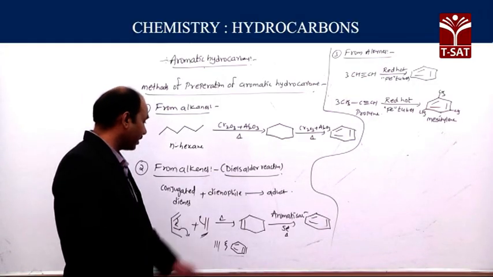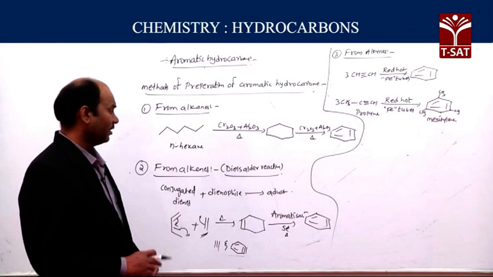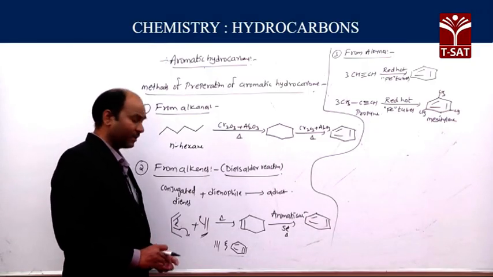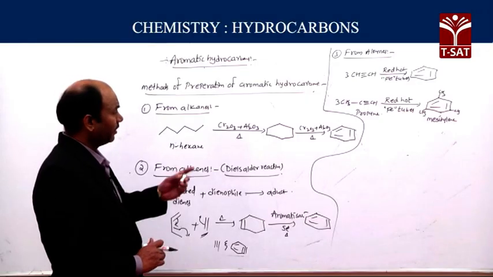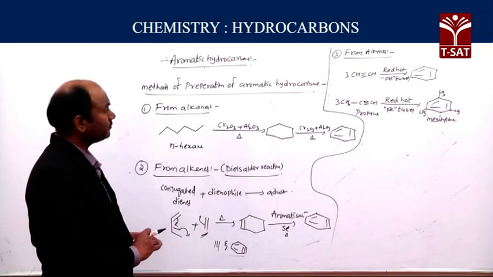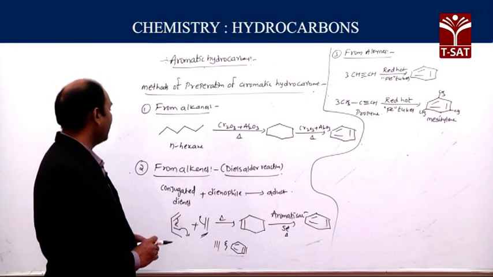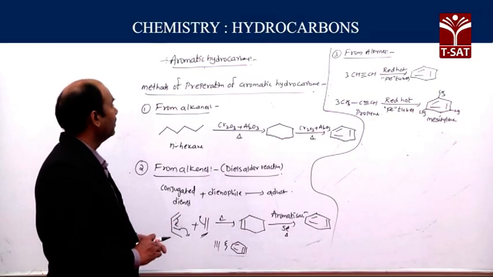Actually, it is a syn addition, and in this reaction the symmetry of the reactant never changes. That means it is a stereospecific reaction. That covers the preparation of aromatic compounds: this is from alkanes, this is from alkenes, this is from alkynes.